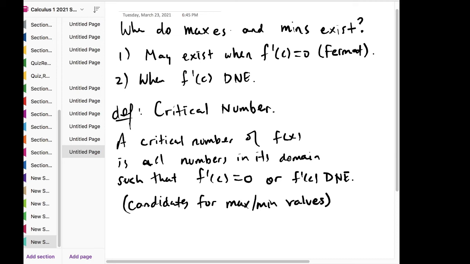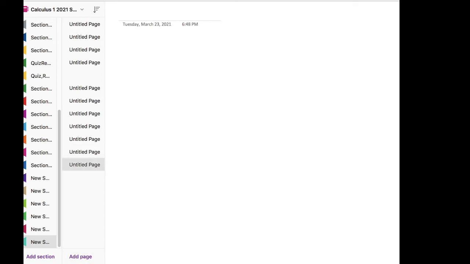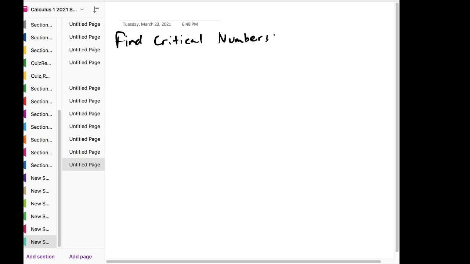So let's do an example. Find critical numbers of this function, x squared plus 1 over x squared minus 1. Okay, so again, a critical number is when the derivative is 0 or does not exist. So I think we need the derivative.